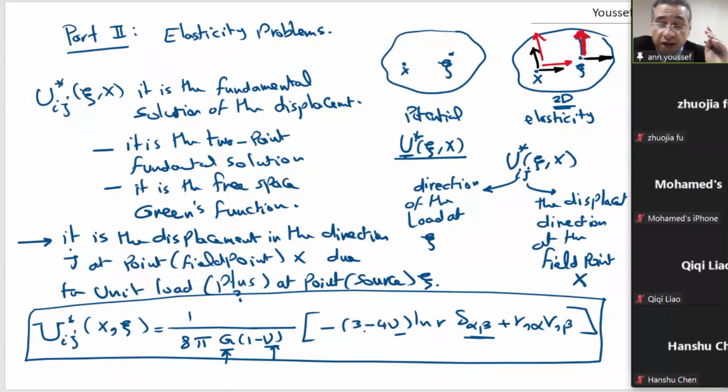William Thomson put a lot of stuff into heat and physics. Before the discovery of quantum mechanics and relativity, he said that physics had ended, that we have no more physics. And actually now we have more and more physics after he said these words. So this is the fundamental solution of elasticity problems.